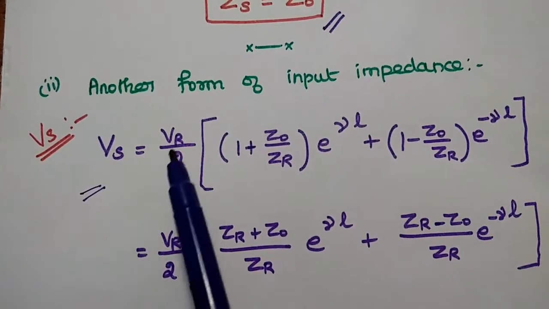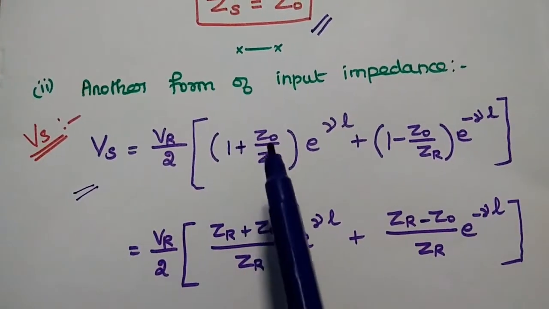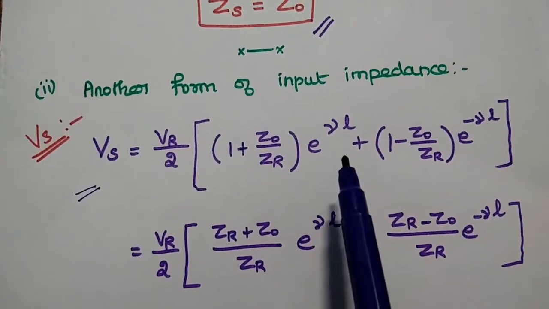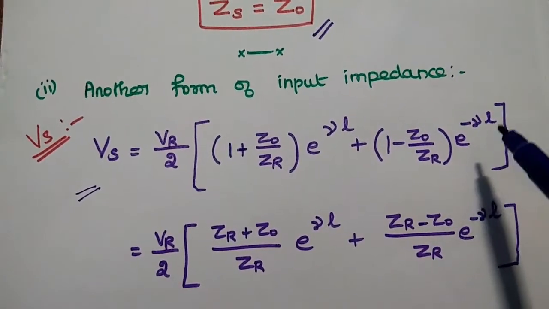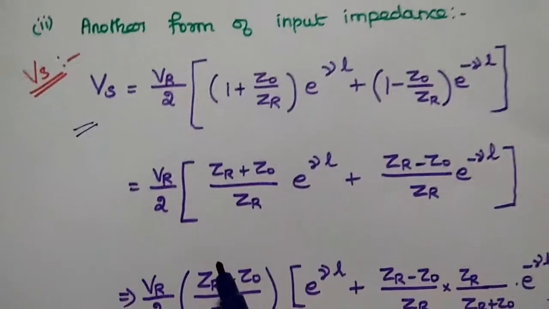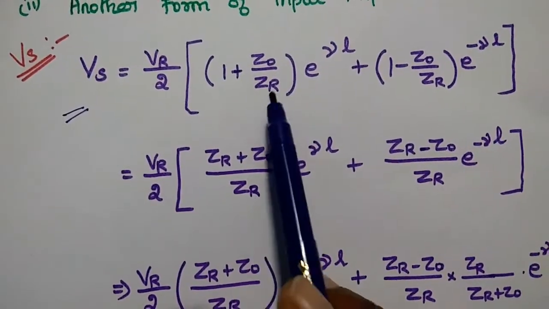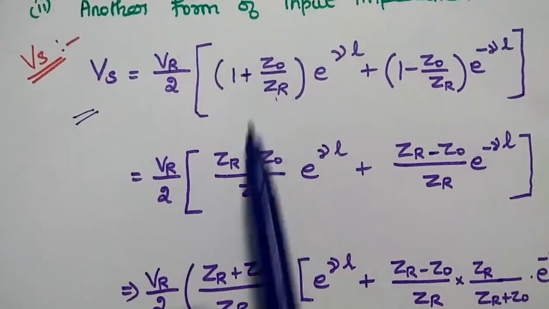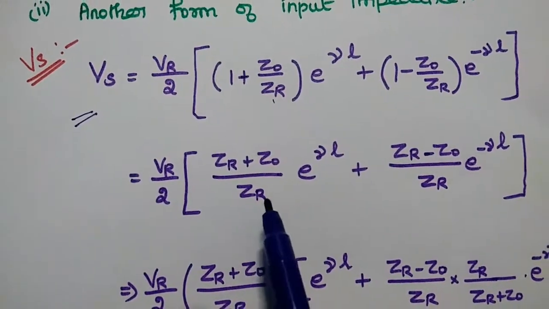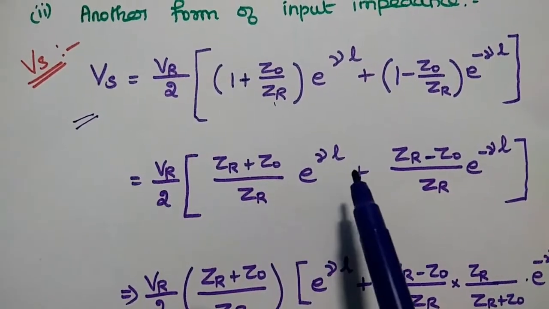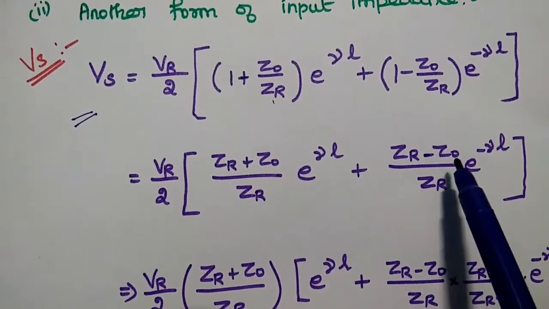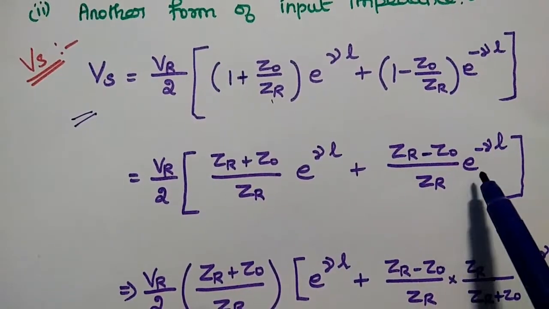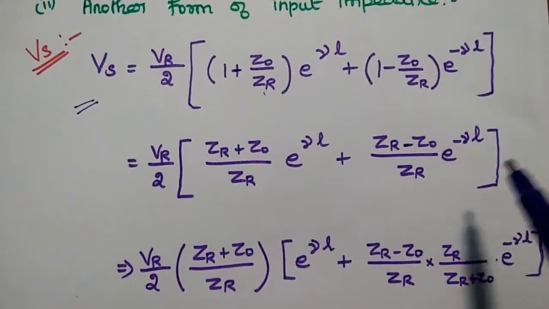Vs is equal to Vr by 2 of (1 plus Z0 by Zr) e power γL plus (1 minus Z0 by Zr) e power minus γL. In this expression we can take Zr as common. So this term becomes (Zr plus Z0) divided by Zr, e power γL, plus (Zr minus Z0) divided by Zr, e power minus γL.